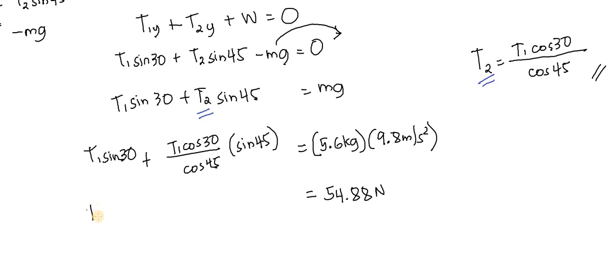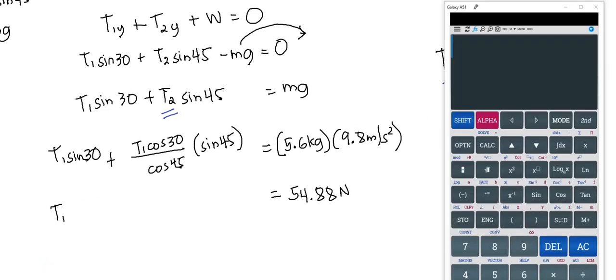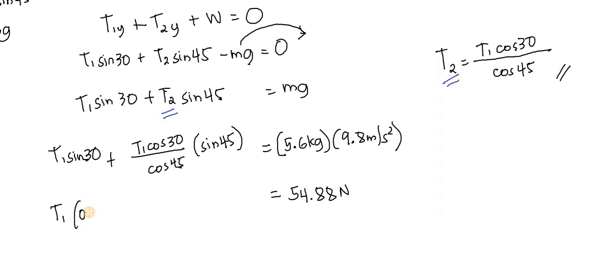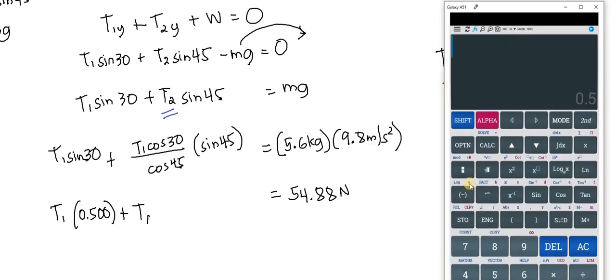So again, T1, let's use the calculator. Sine of 30 is 0.5. So 3 decimal places, so that will be 0.500, plus another T1 equal to, let's use again the calculator, cosine of 30 multiplied by sine of 45 all over cosine of 45.